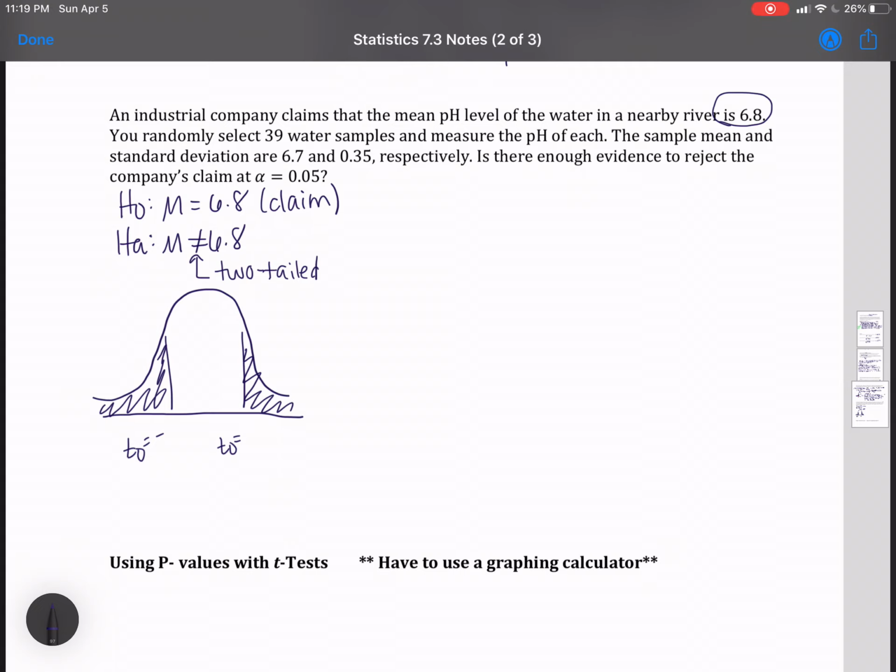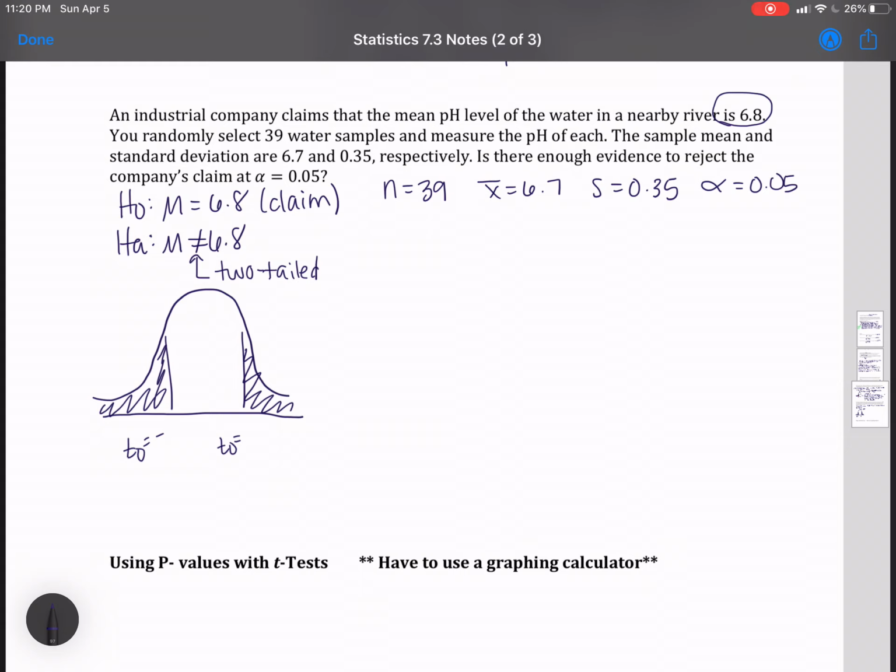Okay, so now looking at the rest of the question, you randomly select 39 water samples, so n equals 39, and measure the pH of each. The sample mean and standard deviation are 6.7 and 0.35 respectively. Is there enough evidence to reject the company's claim at alpha equals 0.05?